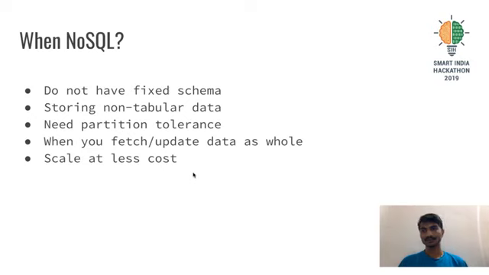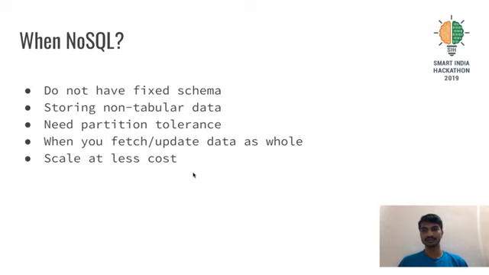And let's see when we should consider choosing NoSQL databases. The first is when I do not have a fixed schema, or when I expect frequent changes in my schema, and I don't store tabular formatted data. Say I just want to store graph data, or some raw documents that I just want to index and then use.